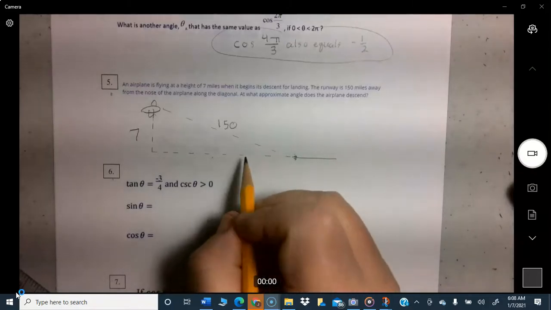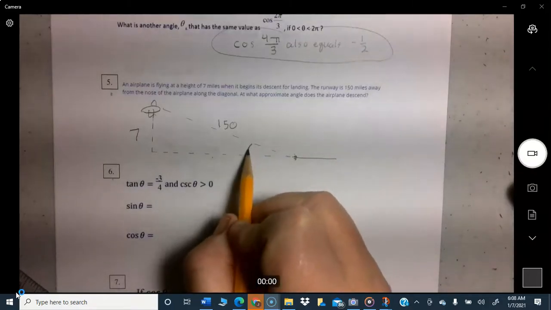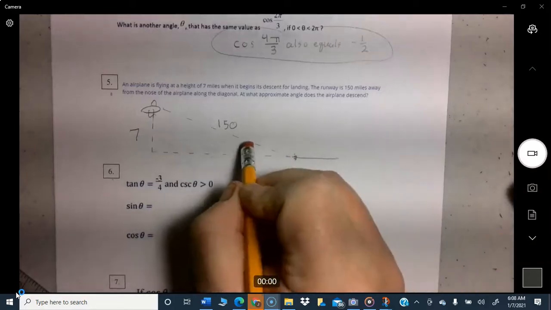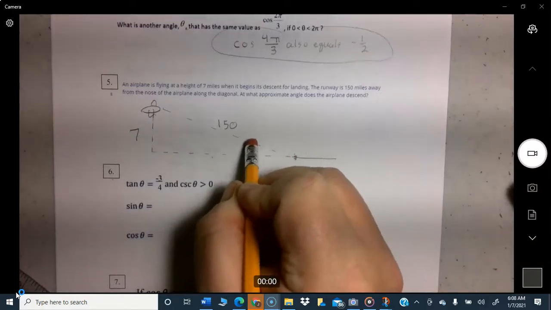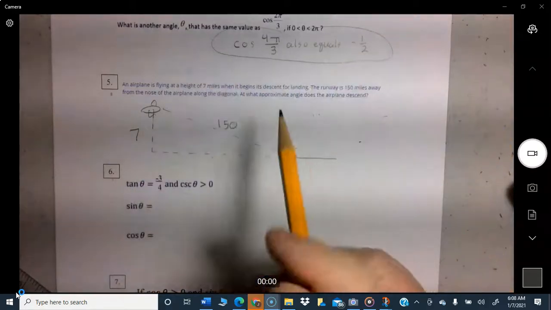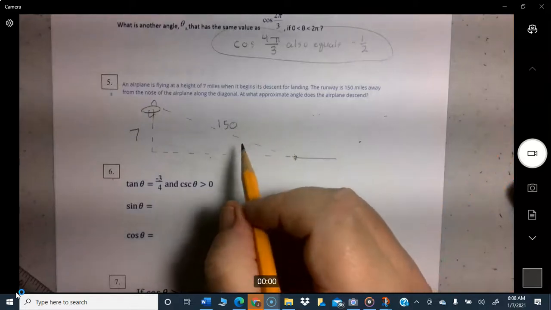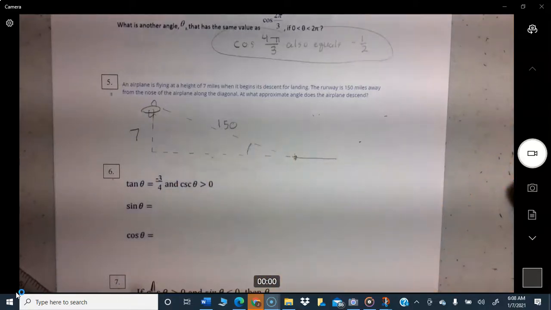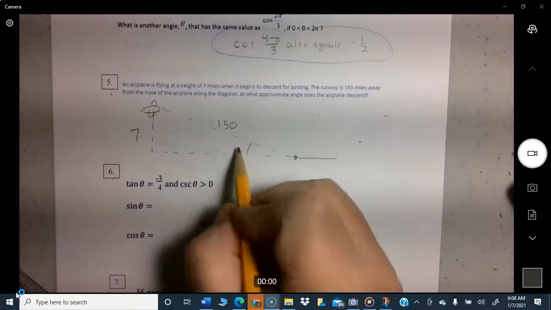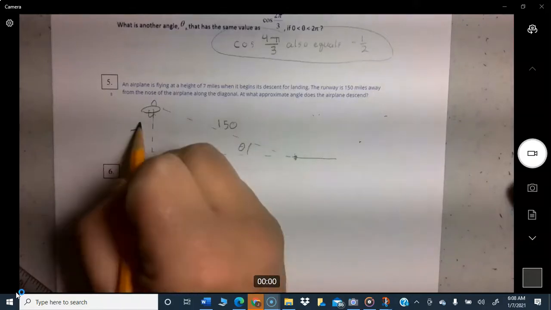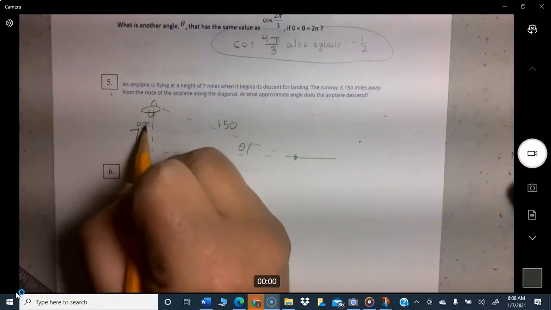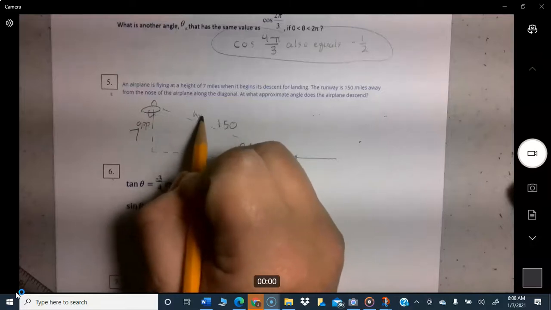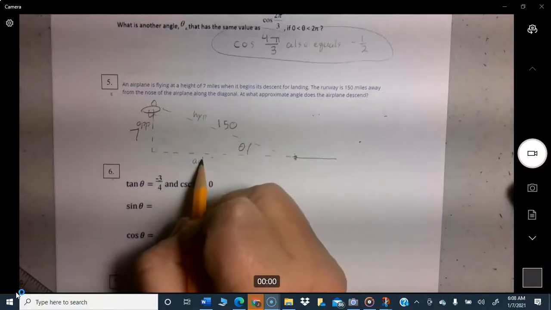Alright, so they want to know this angle that it's descending. Okay, that's the angle it's descending. So that's theta. So this is the opposite of theta. This is the hypotenuse. And this is the adjacent to theta.